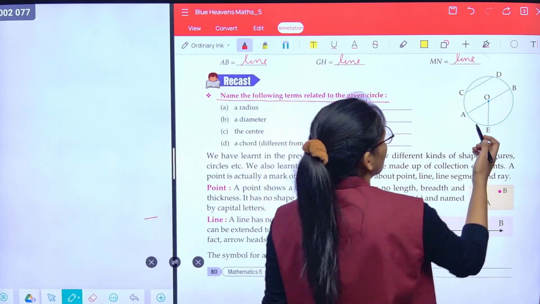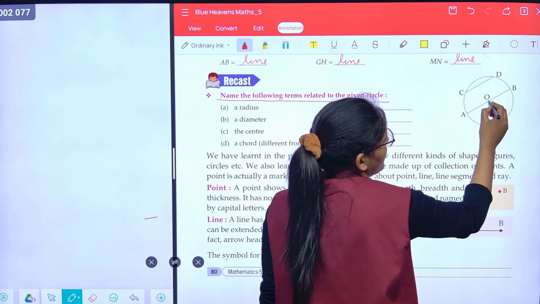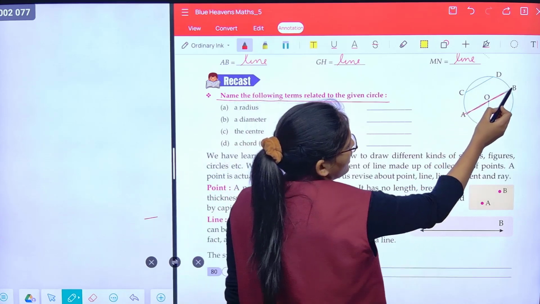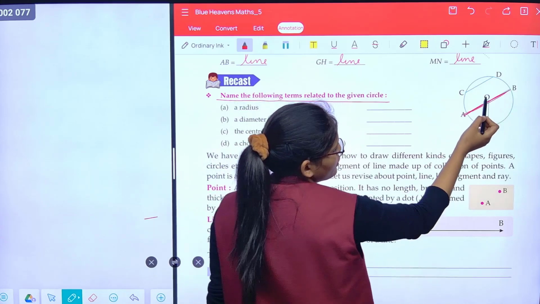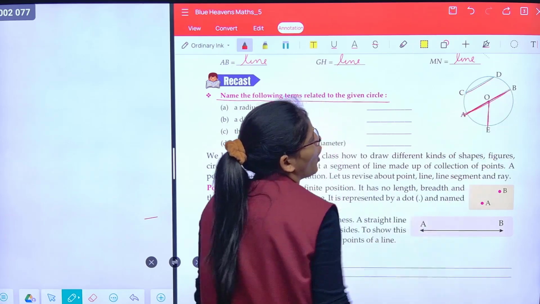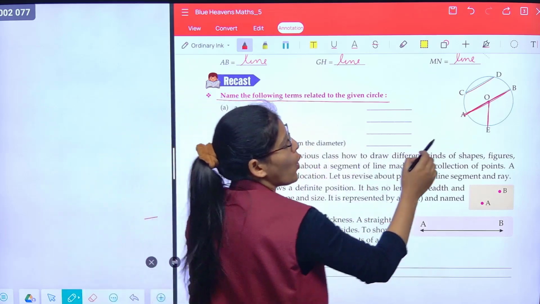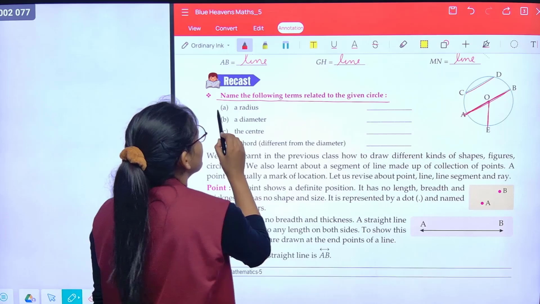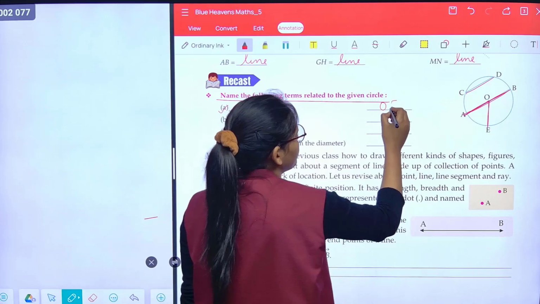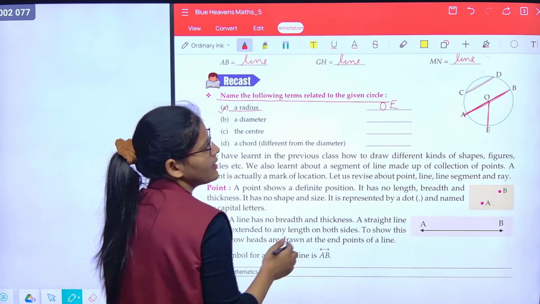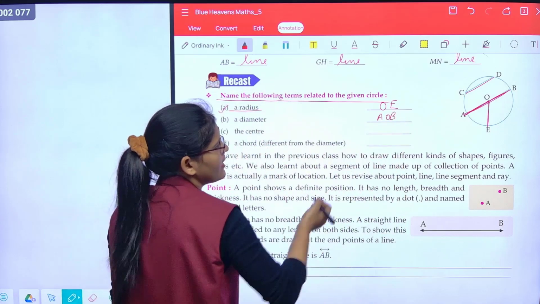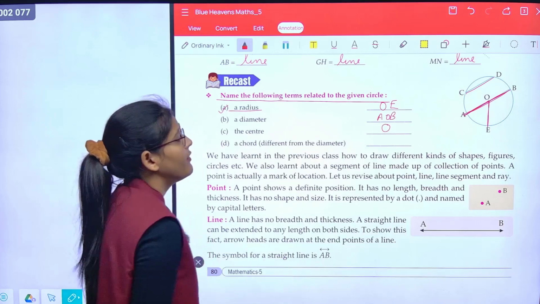Now class, name the following terms related to the given circle. Here we have point O, and this one intersects the whole circle at the point. So this is the diameter, this is a radius, and this is a chord. Understand? Diameter is also a chord. Now class, radius: what is the radius here? OE. Now a diameter, as I told you, AOB. Now the center is O, a chord different from the diameter.